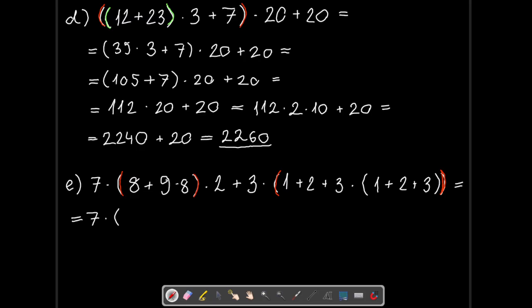So we know that 9 times 8 is 72. Let's go step by step. Okay, the second bracket. Inside of the second bracket we have another bracket which we must solve first.